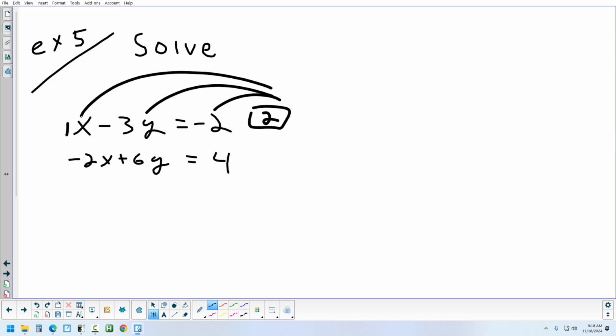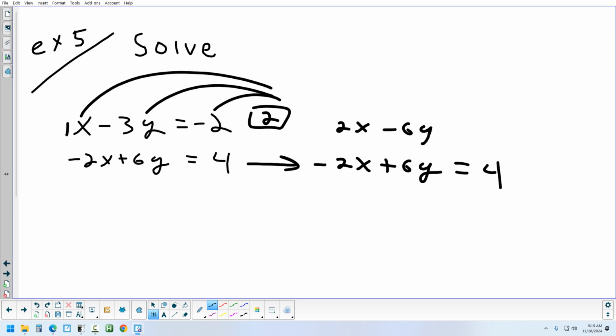What do we distribute in the bottom? Nothing. It stays the same. So not every equation involves changing both of them. Sometimes it's just one. So 2x plus 6y equals 1. And what's my top one going to become? 2x minus 6y equals -4.